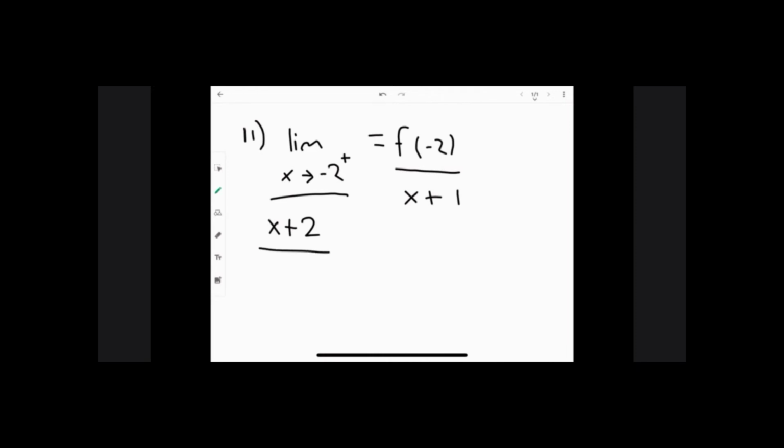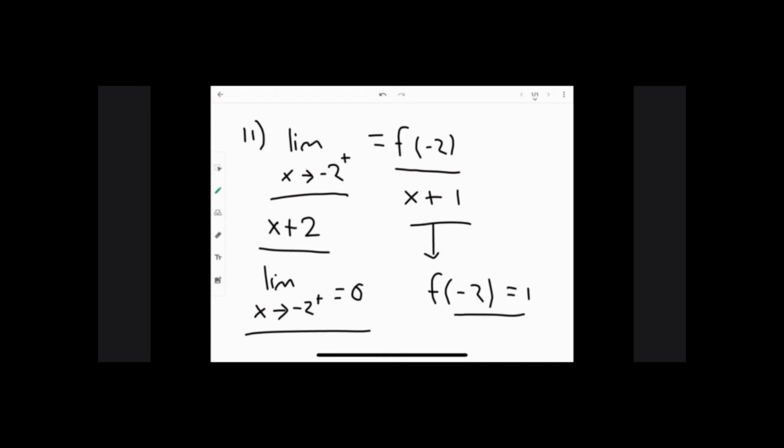So if we substitute minus 2 into x plus 2, we get that the limit as x goes to minus 2 from the right is equal to 0. Whereas if we substitute minus 2 into x plus 1, we get that f of minus 2 is equal to minus 1. But these two are not equal to each other. So we know that 2 is false.